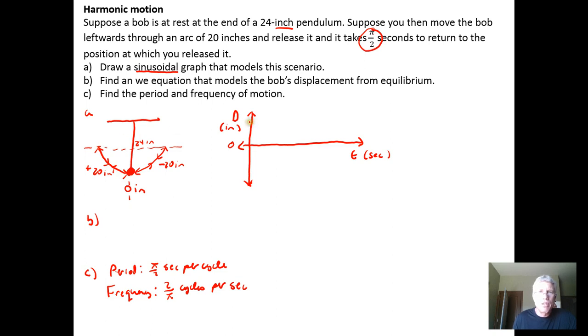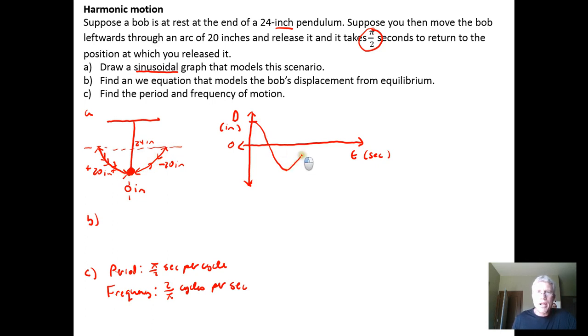So we're starting up high, and then as we move down from our initial displaced position, we'll pass through equilibrium. We'll wind up displaced 20 inches over here through this arc of 20 inches.